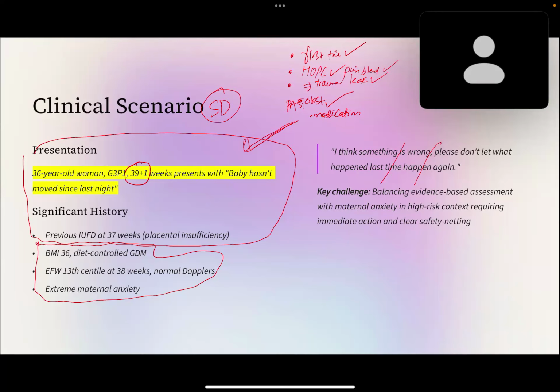In the presence of a chaperone, I would want to expose her from xiphisternum to mid-thigh. I would look at the symphysiofundal height. I would check fetal heart with the handheld Doppler or Pinard, and I would do a CTG as she is 39 plus 1 weeks.